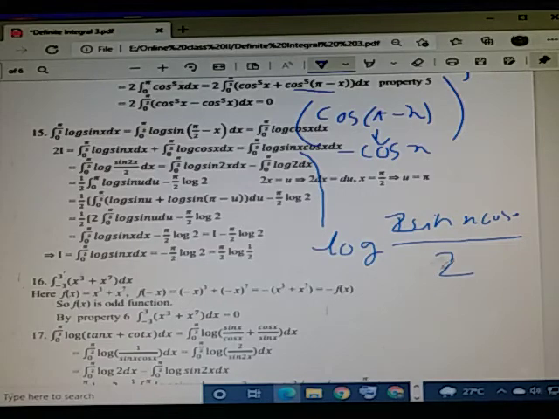Then log a minus log b. So log of sin twice x, 2 sin x cos x means sin twice x. So log of sin twice x minus log of 2.